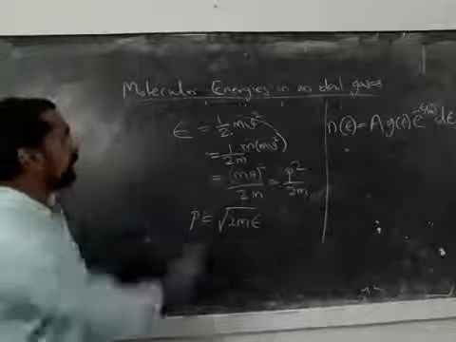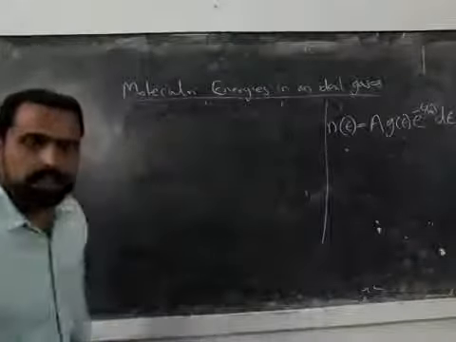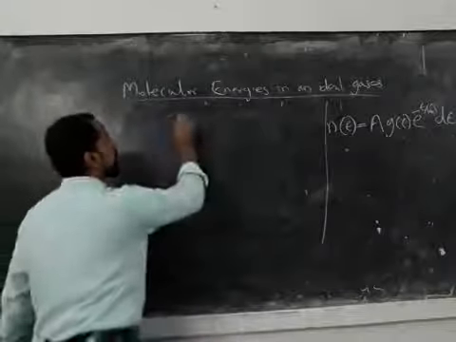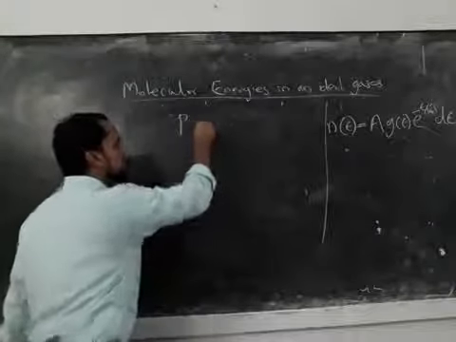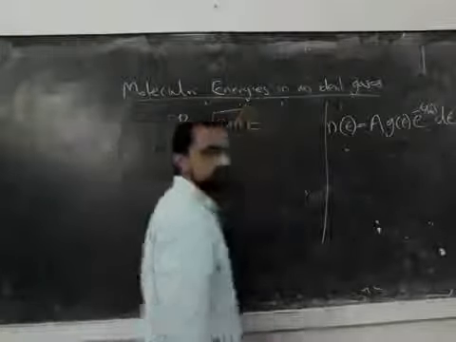I am just erasing it, so now I will rewrite it here. My p is equal to square root of 2m epsilon.